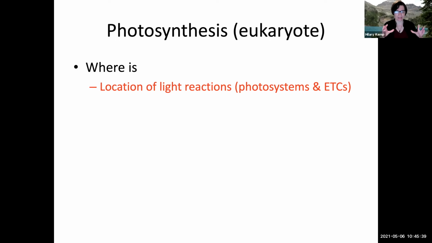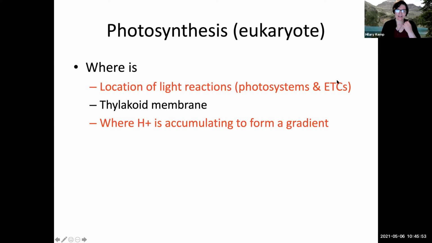Remember, a chloroplast has an outer and an inner membrane where nothing particularly interesting happens, and it has a third internal membrane called the thylakoid membrane surrounding these little pouches, and it's studded with photosystems and electron transport chains. Now, the electron transport chains are doing something very similar to what happens in respiration, which is that electrons are fed to them from the photosystems, and the energy from those electrons is used to pump protons, and the gradient accumulates where?